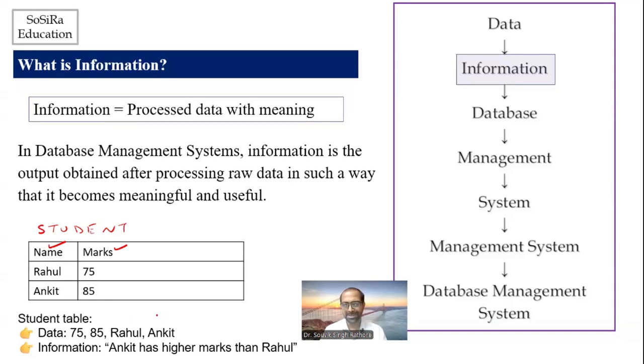Do they make any sense? No. They make sense when they become information. So what sort of information can you infer from this? Ankit has higher marks than Rahul. This becomes your information.